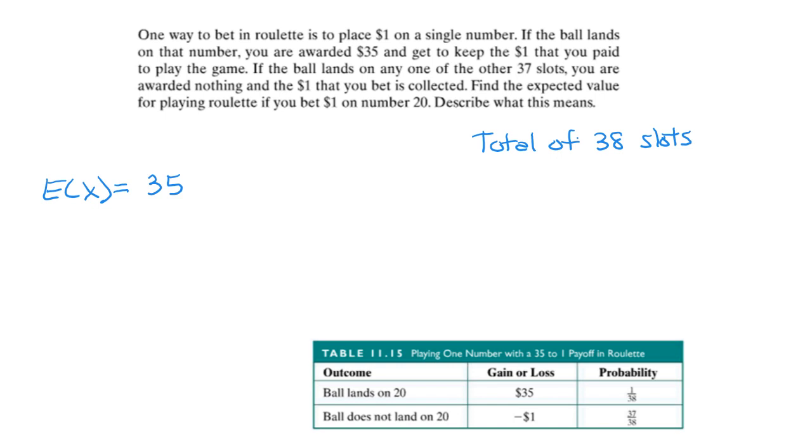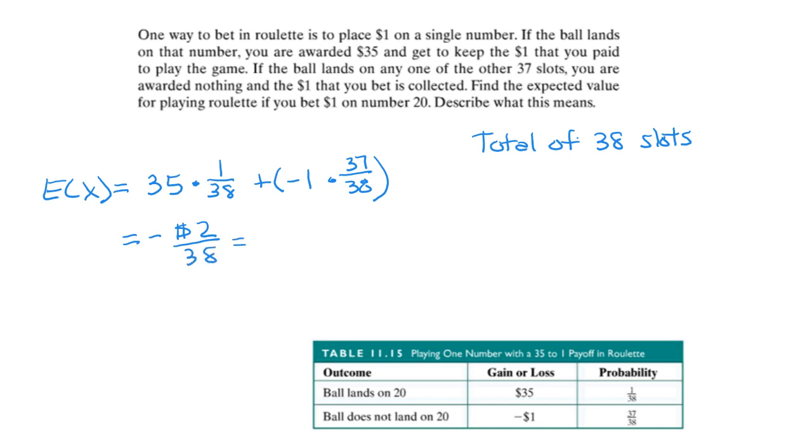So the expected value, using our information from the table, you have $35 times 1/38. Right? The probability one number out of 38 numbers will win. Plus, we have this -1 because we remember 37 out of 38 numbers on the roulette wheel will be losers, and you'll lose money. So if I do the math on here, I'm coming out with -$2 divided by 38.